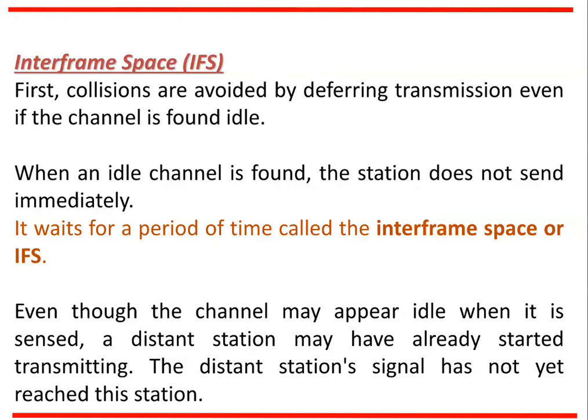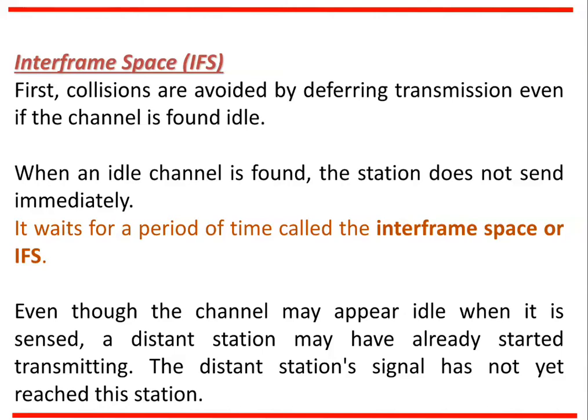First, let us see interframe space. When the channel is idle, the station does not send the data immediately. That is the main concept used. So, the collisions are avoided. It waits for a period of time called interframe space, or in short IFS.